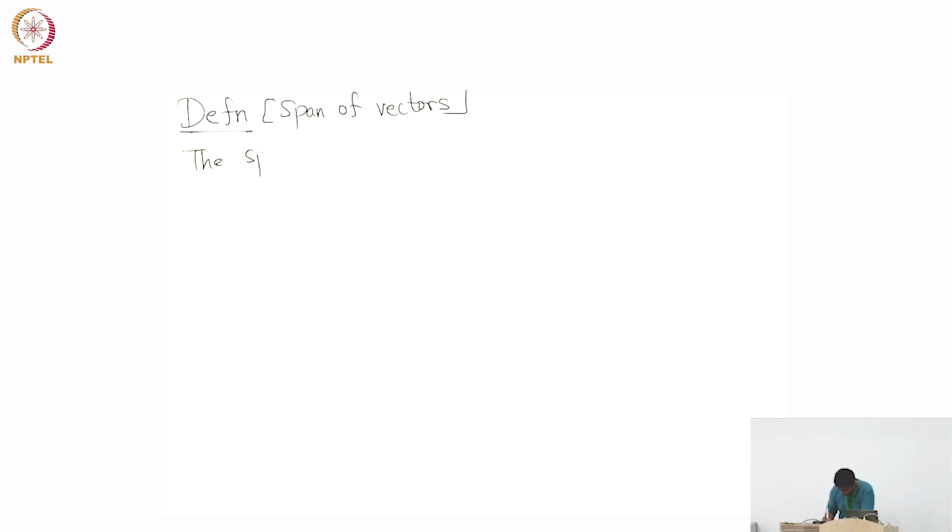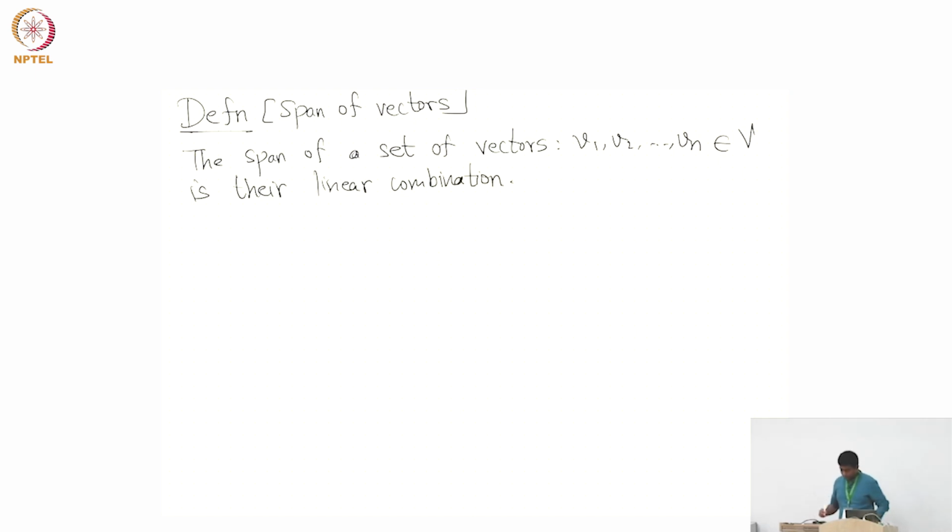The span of a set of vectors, let's say v1, v2, ..., vn in a vector space V, is their linear combination. Then definition, linear independence.